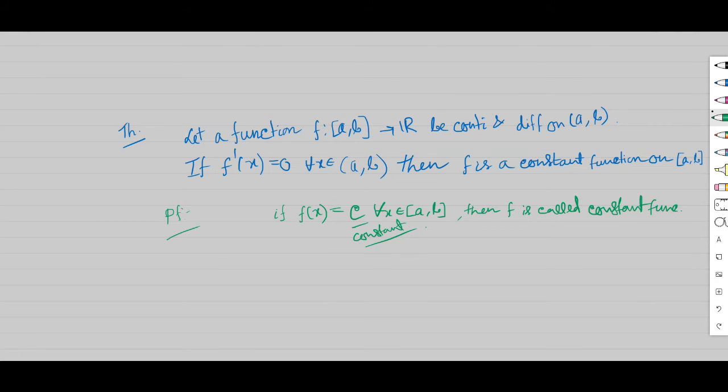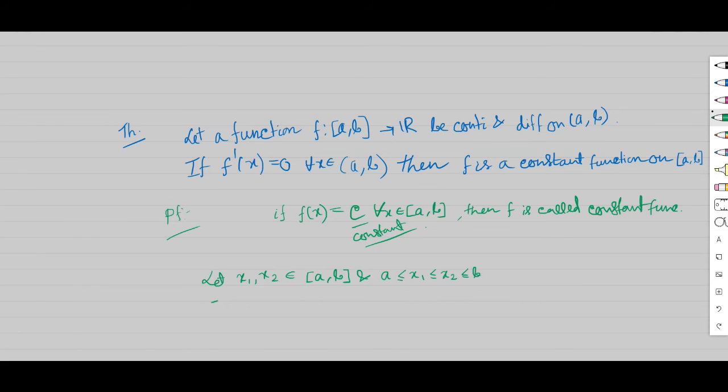So let x1 and x2 belong to the closed interval a, b, and a is less than or equal to x1, less than or equal to x2, less than or equal to b, fine.